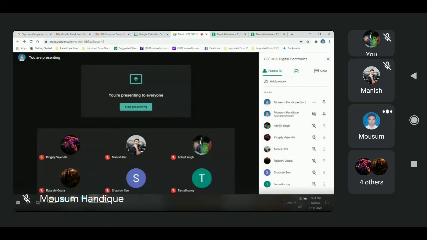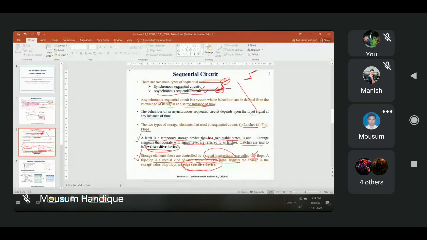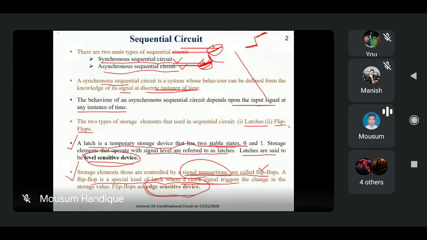Okay, so this is the reason. Now we are talking about what is a latch, what is a flip-flop, and what are the differences between them.